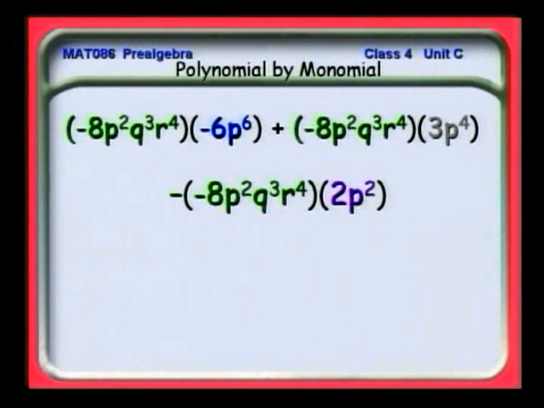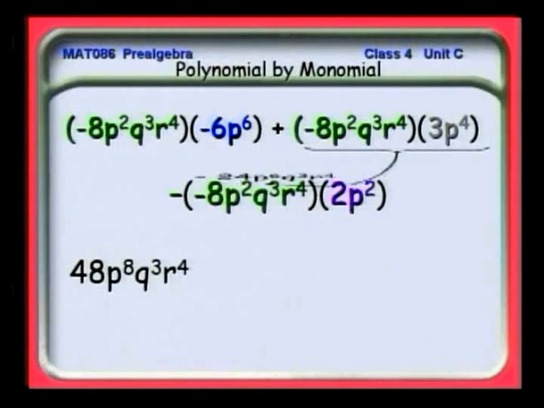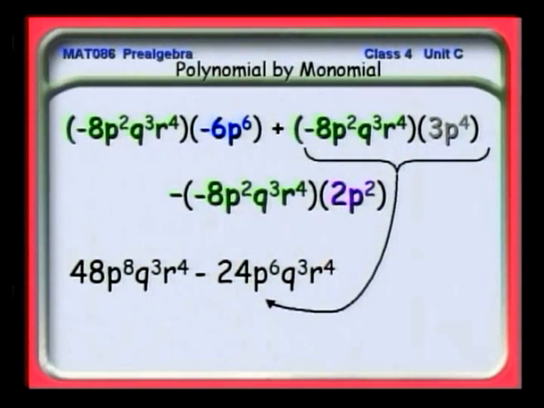So we have minus 8p squared q cubed r to the 4th times minus 6p to the 6th. We multiply that, combine exponents, and get 48p to the 8th q cubed r to the 4th. Then we add the next term to it. Minus 8 times 3 is a minus 24, therefore we put a minus sign in there.